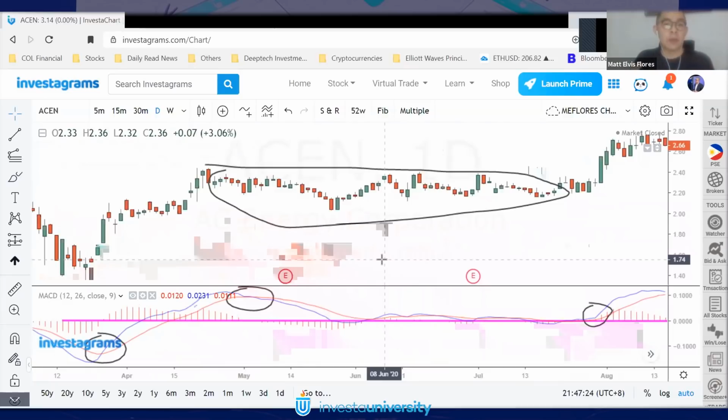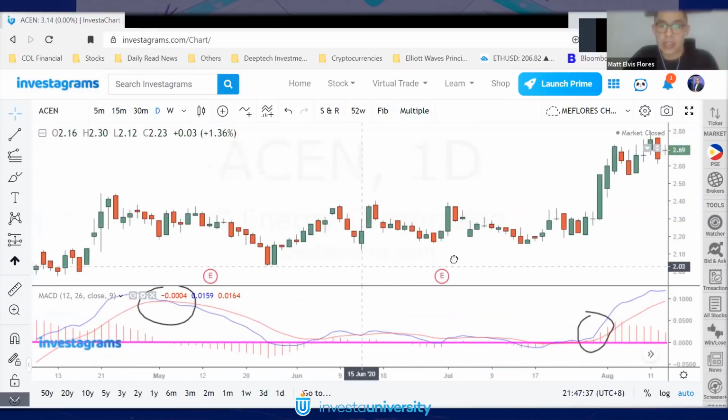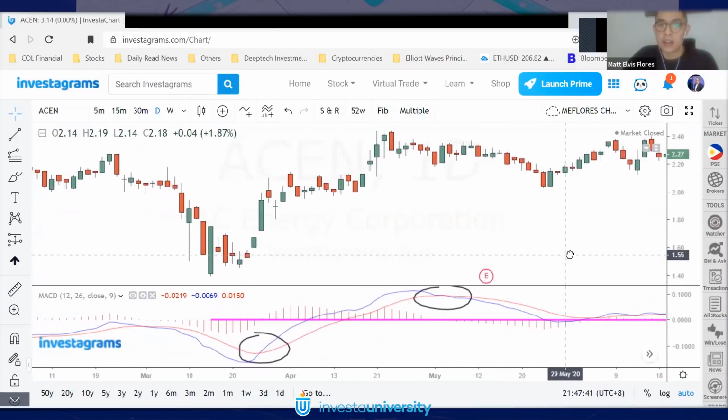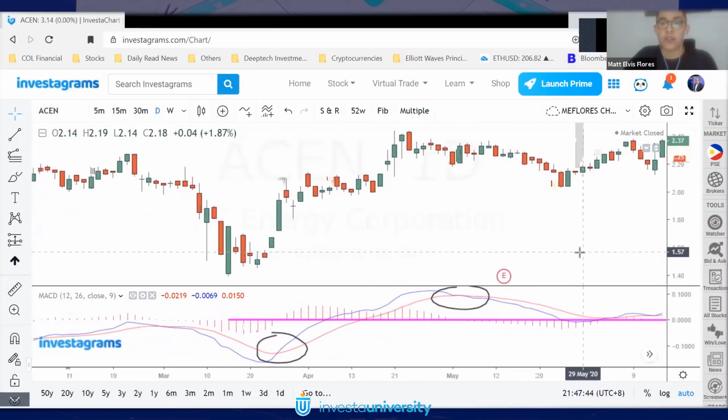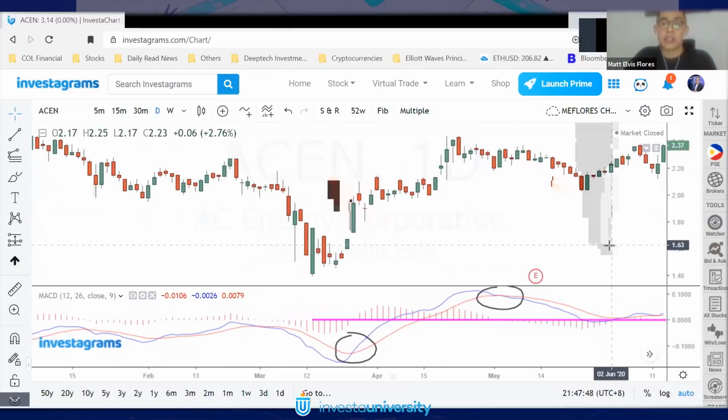So dito na papasok yung classical technical analysis, which is drawing of your trend lines or parallel lines. Kasi looking at this, 'di ba? If you're buying here, buying there as your MACD crossover, you can say na, "Oy, parang aakyat na."